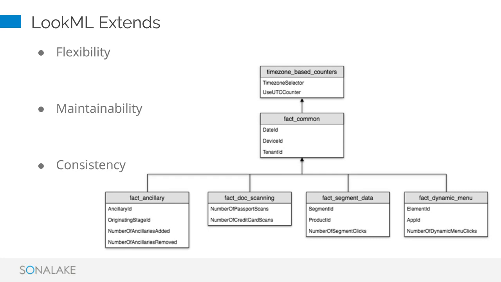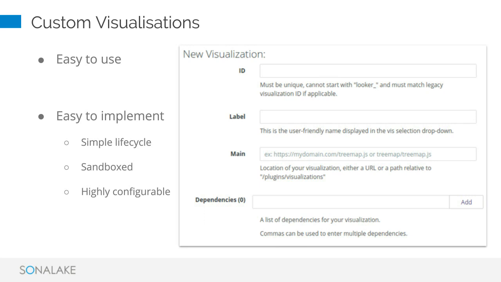And on that subject, I couldn't help but talk about the custom visualizations. So Looker allows you to add new visualization types, and we've experimented with this from the perspective of a user, so a non-technical user that just wants to be able to report on different visualization types. So under that perspective, Looker provides an online repository with some options, and then all you need to do is fill out this form.